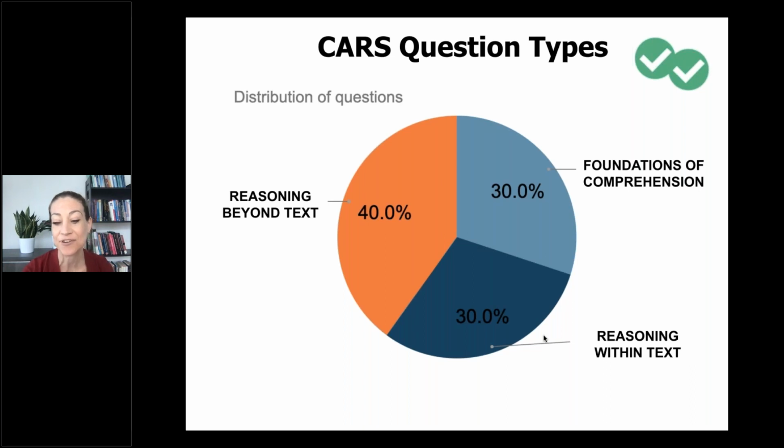I know that most of you are science majors or were science majors, so you're used to interpreting data and focusing on details. These reasoning beyond the text questions can be pretty challenging when you first start. The good news is that through practicing CARS, you get really used to them. You get used to the types of questions they ask.